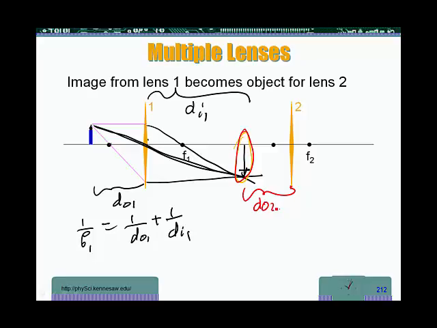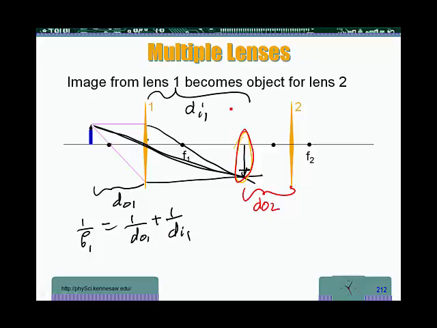And this is where you need to be careful. A lot of students, by thinking that the image of the first lens becomes the object for the second lens, decide that DO2 is equal to DI1. You notice here from this graphic, they're not.